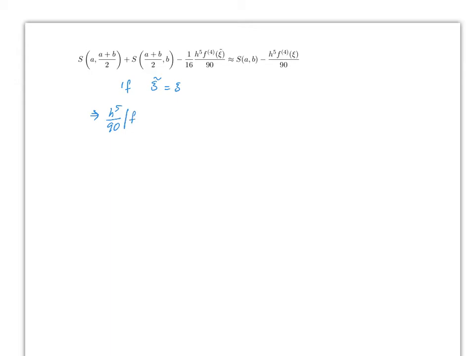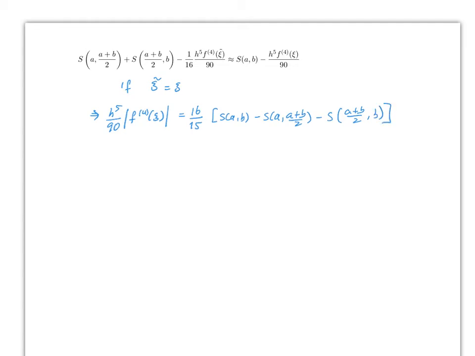You take the absolute value of the fourth derivative of Cassie, then this should equal 16 over 15 times S of a b minus S of a plus b over 2, and then minus S of a plus b over 2 all the way to b.